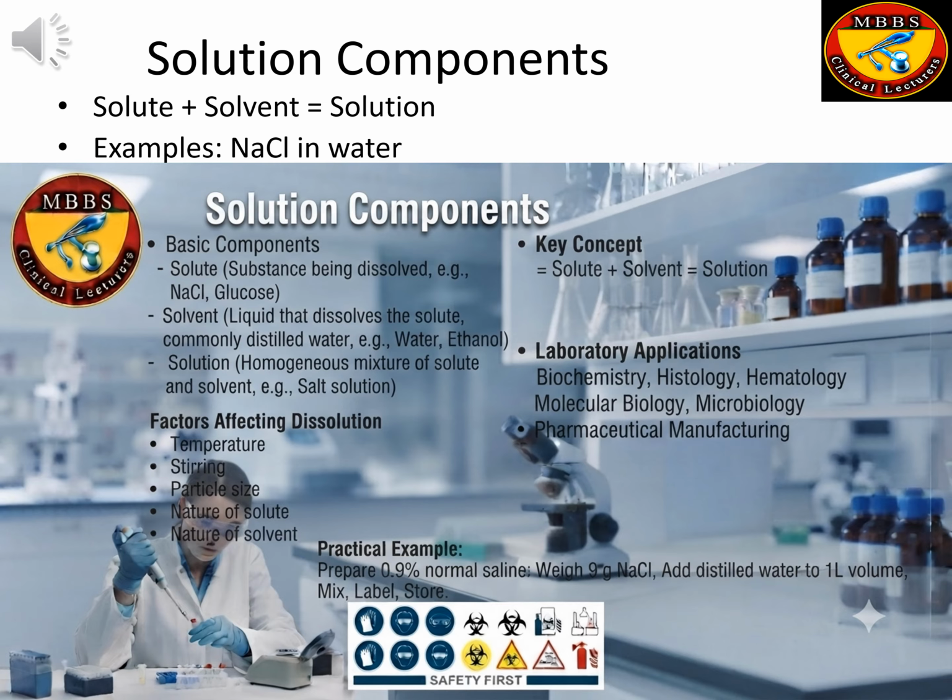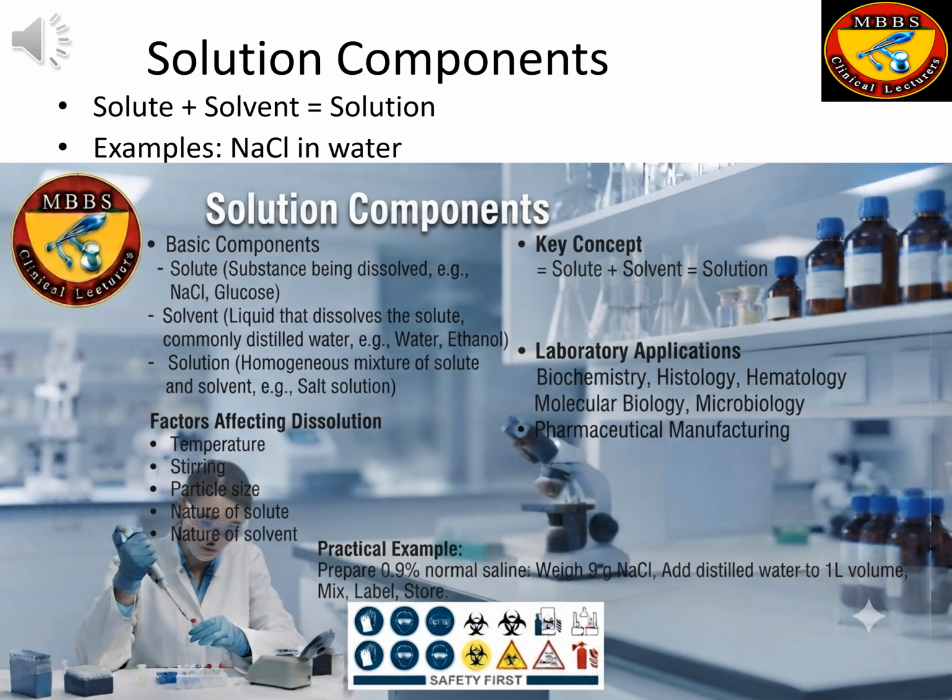Solution components. Every laboratory solution consists of two basic components: solute and solvent. The solute is the substance that dissolves in another substance. Examples include sodium chloride, NaCl, glucose, copper sulfate, potassium chloride.